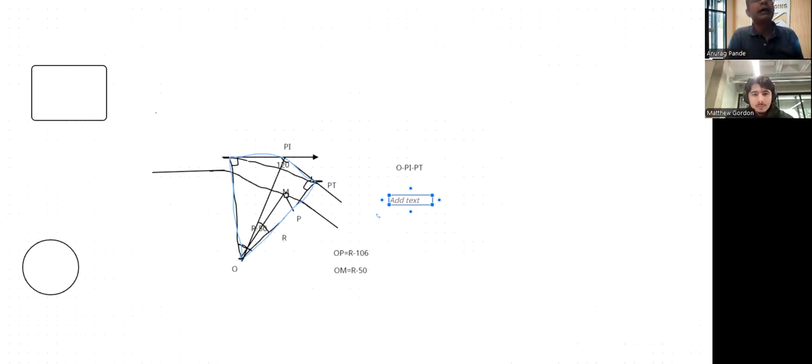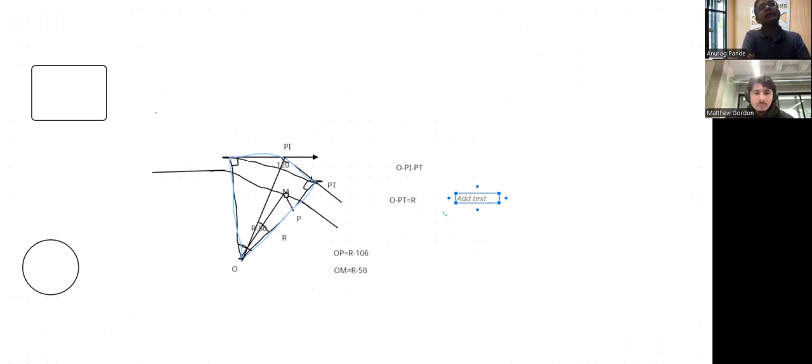But if you look at PI to PT, can I figure out what PI to PT would be? It would still be the outer radius, right? PI to PT is nothing but the tangent, the tangent length.